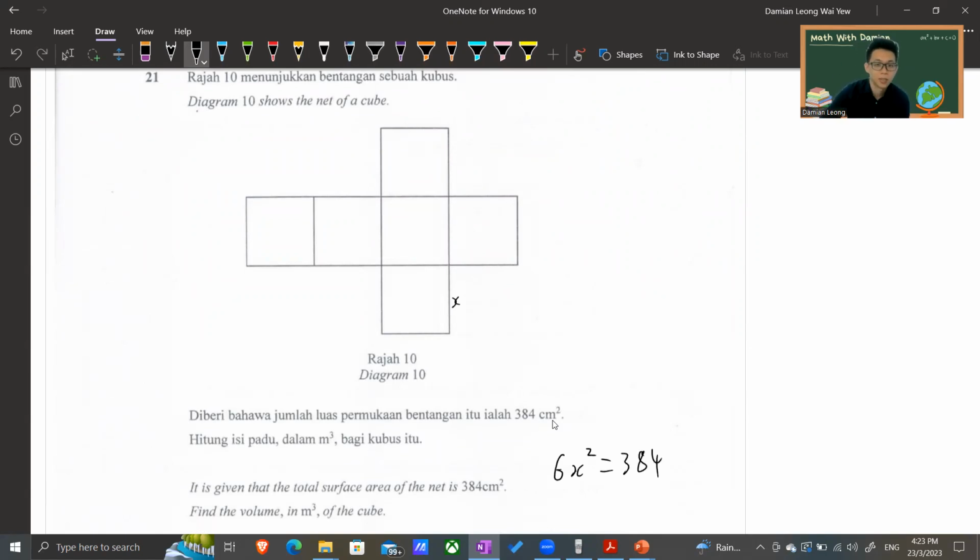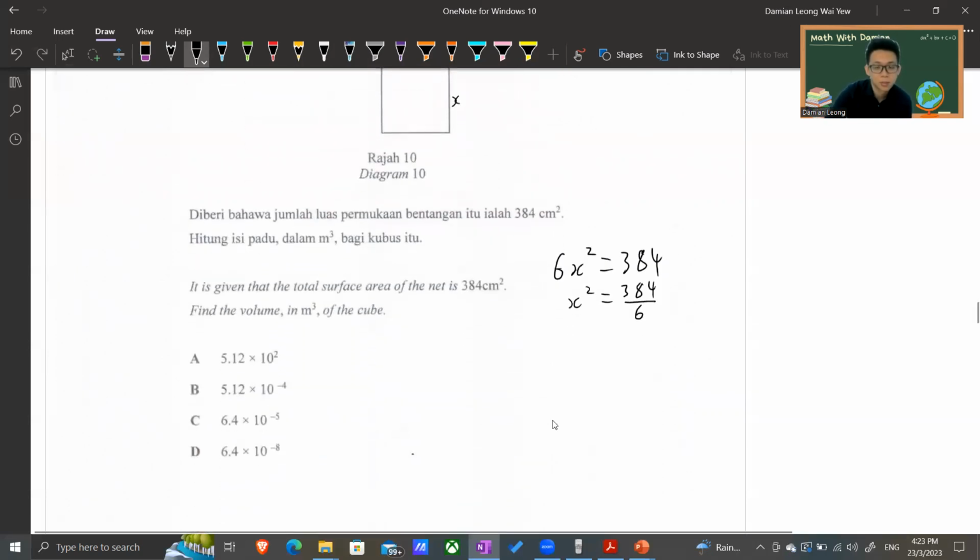Because 6 surfaces, each area the same, X square. So get rid of the 6, opposite divide 6, which is 64. Square bring over, opposite is square root. I get 8.